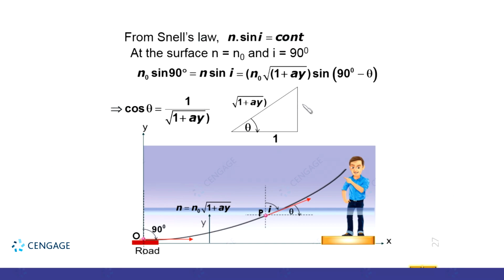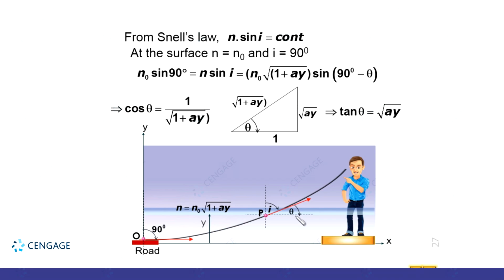Now using the Pythagoras theorem, we can get the value of this side equal to under root of 1 plus ay minus 1 squared, that is 1. That means this is equal to under root ay. Now we can write tan theta equal to under root ay divided by 1, that is tan theta equal to under root ay, correct?